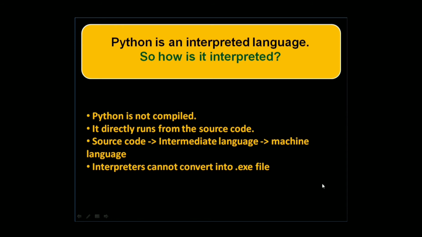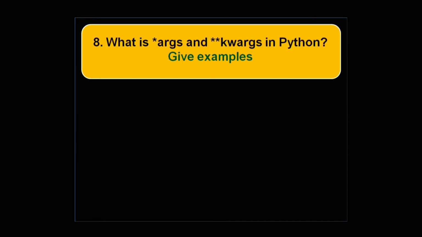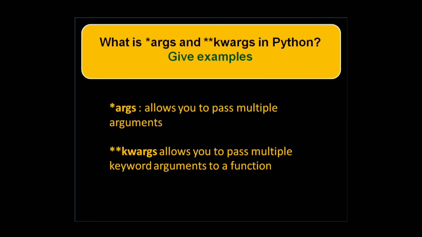Let's go to the eighth one. Okay, this is interesting. We had done this before if you've been following my lectures. What is *args and **kwargs? Try out examples. Now, if you want, just pause it and try out an example by yourself. Okay, I suppose you've already done it.